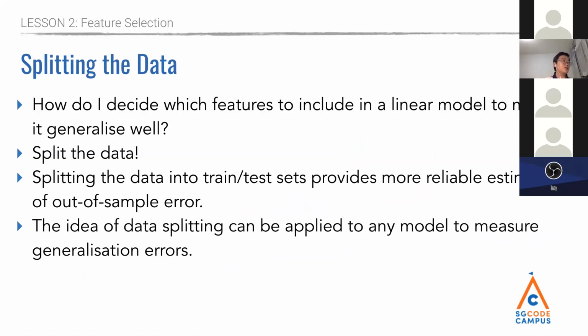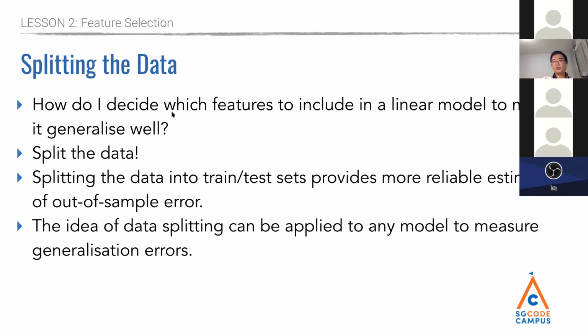Then you calculate the error metric on the training data set. That will give you the bias of your model. So if your model fits the training data very well, it gives you a very low value for MSE.